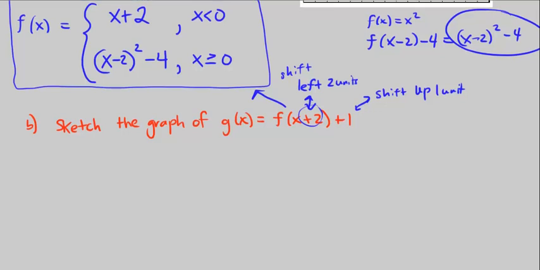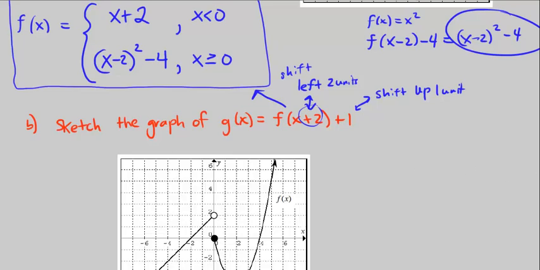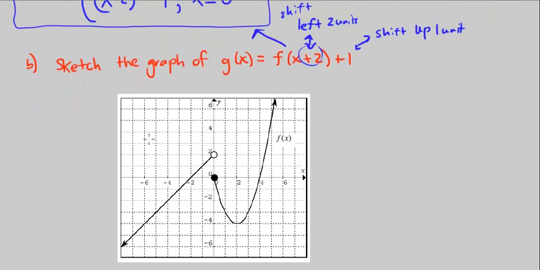So if we take our original graph, this is f of x in black. If we want to shift it left 2 units and up 1 unit, we just take every point and we shift that point up 2 units, left 1 unit. So now this point moved up there.